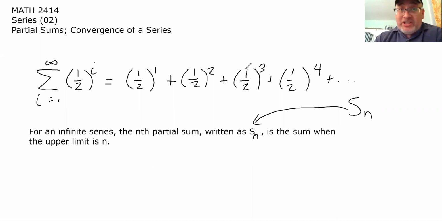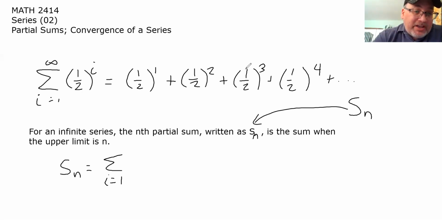It doesn't change a thing. It doesn't change how you expand the sum. It's still 1/2 to the first plus 1/2 to the second, and so on. But if I'm going to use n to represent an upper limit, then I can't also let it represent the index. So in other words, the nth partial sum is the sum from i equals wherever it starts, and we'll just say it starts at 1, but keep in mind that the lower limit can be any number, to n of a sub i, whatever your sequence is.